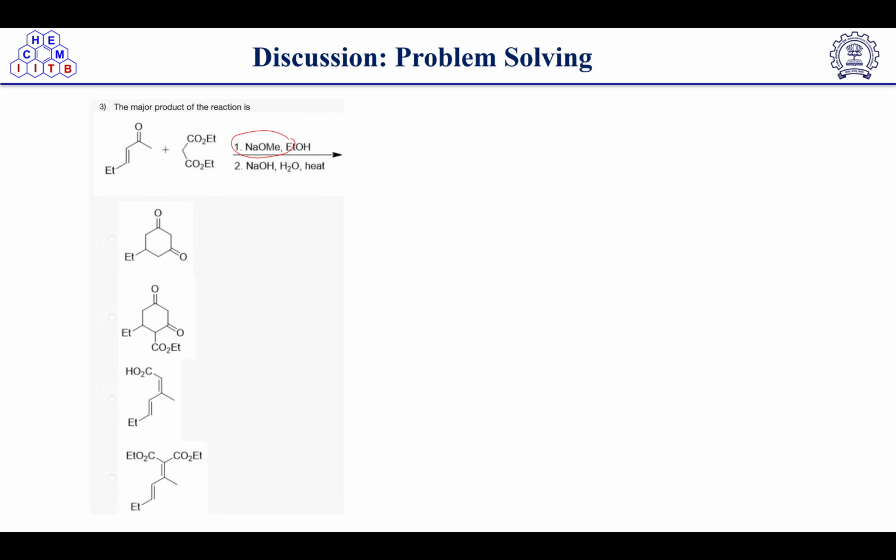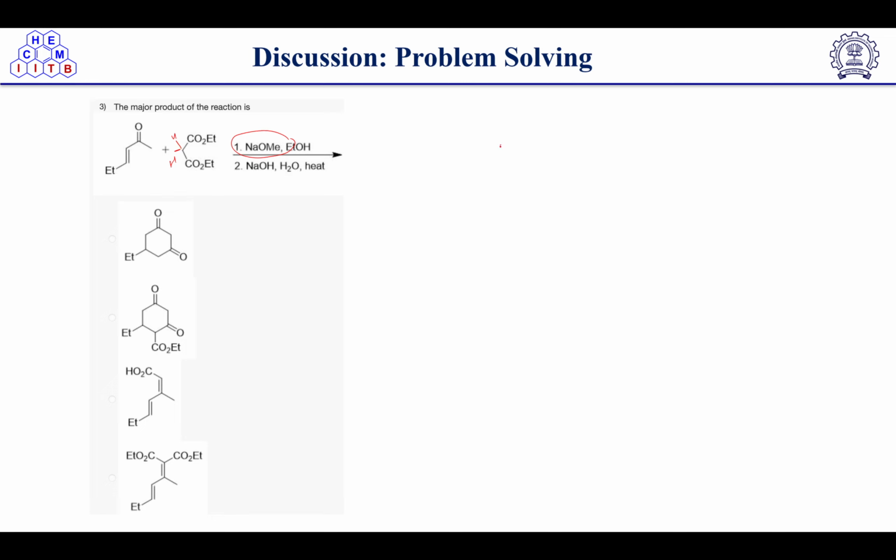Now talking about these two substrates, here we have acidic protons, right? And here, which one is more acidic? Of course this one, because it is in the center of two ester groups, so it is stabilized by both the esters. So this enolate will form the more stable one.